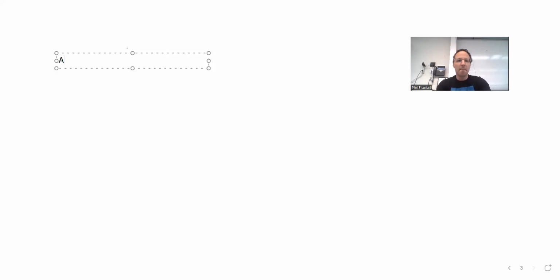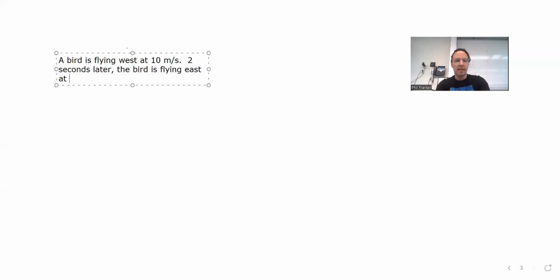So let's say a bird is flying west at 10 meters per second. 2 seconds later, the bird is flying east at, let's say, 15 meters per second.